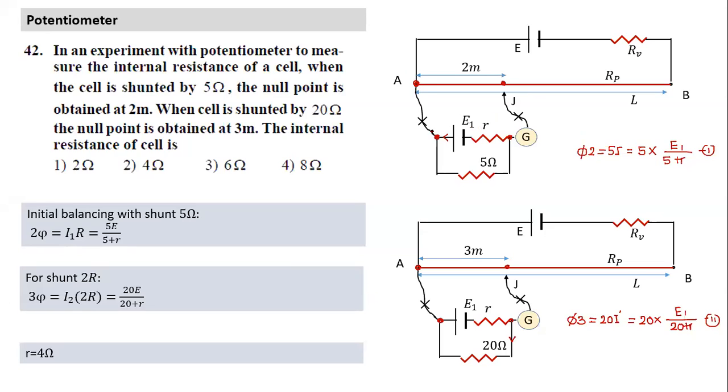The primary and secondary circuits are connected by 2 lead wires. In the balanced state, the potential difference between the 2 points in the primary circuit it is connected to and the 2 points in the secondary circuit it is connected to are equal. I write this potential difference in terms of phi into L, and this potential difference, depending on the way the circuit is given, I can write in terms of I and R. That's the only and the most important point in case of potentiometer.